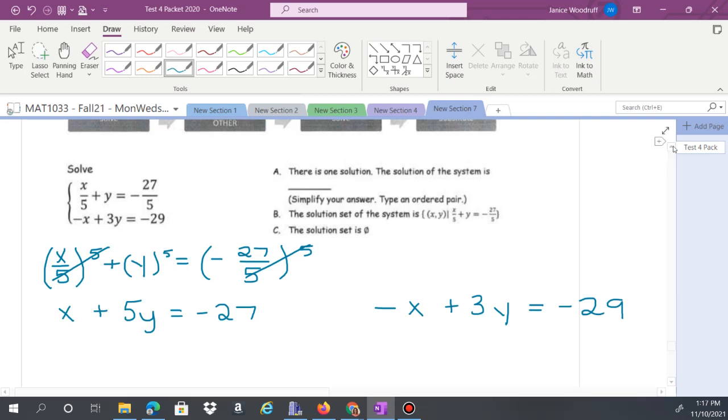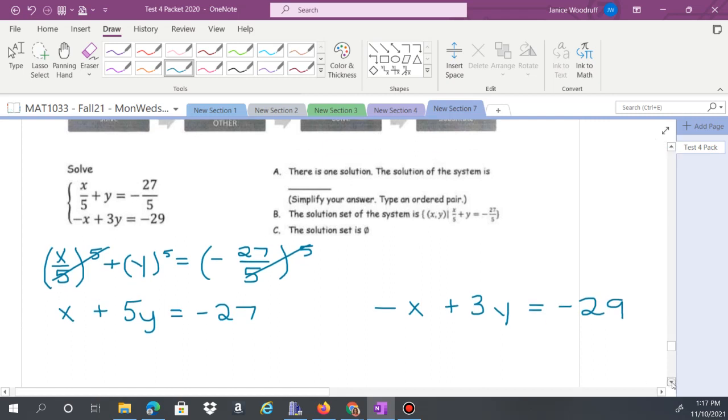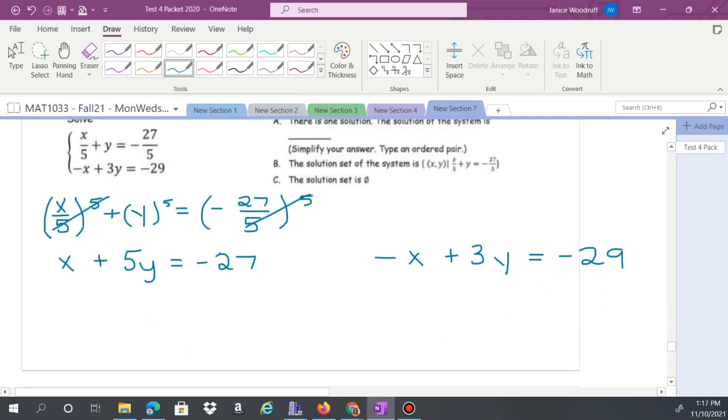Okay, so you see up here it says solve, substitute into other, solve, substitute. So that is what we're doing. So when we say solve, that means isolate variable in one of your equations. So look for a single variable, so either an x or a y by itself with no number or no minus sign or anything like that in front of it.